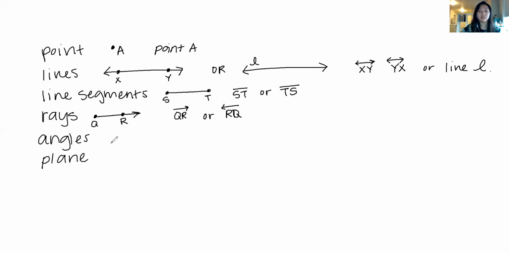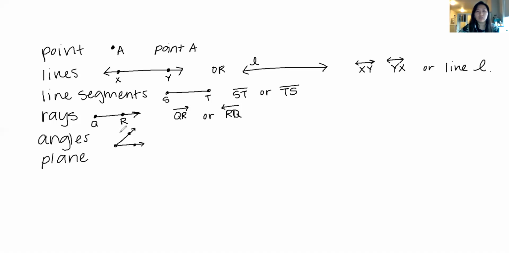For our angle, we have a few different ways that we can label this. So let's start with our 3 letters. This is the most accurate way for us to label and notate angles.